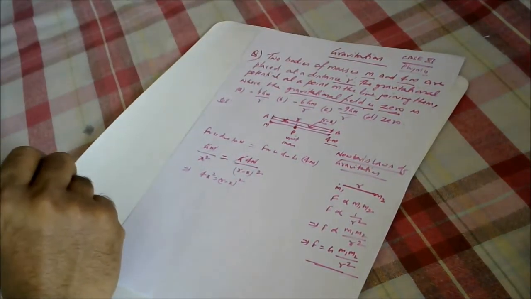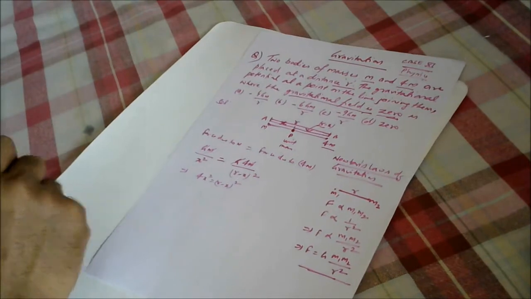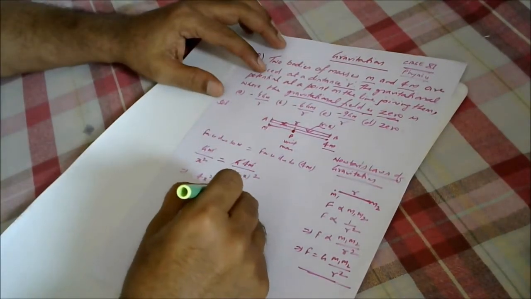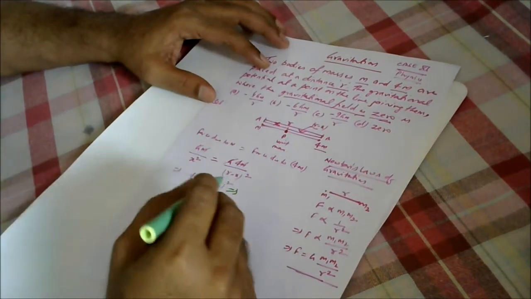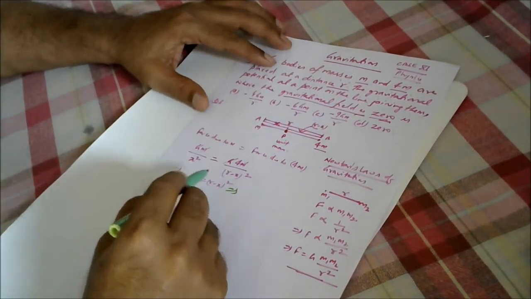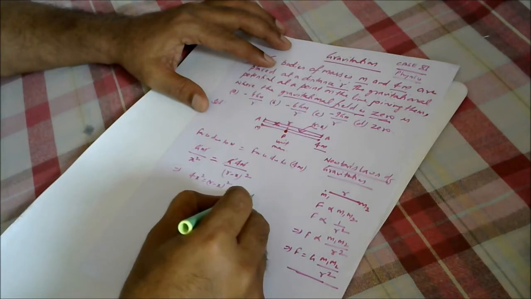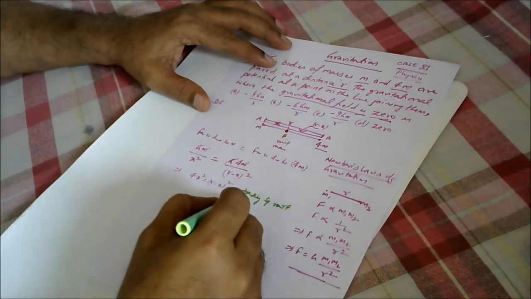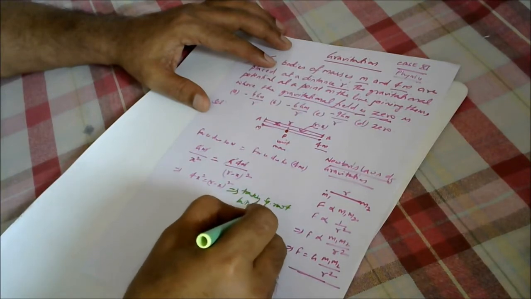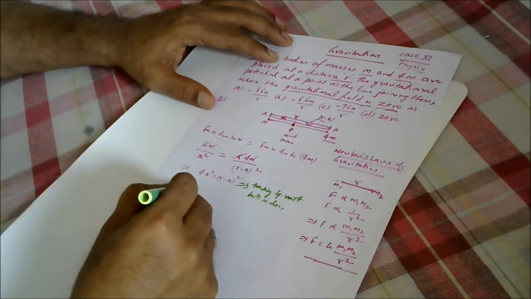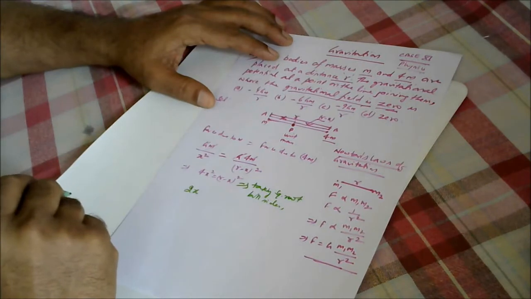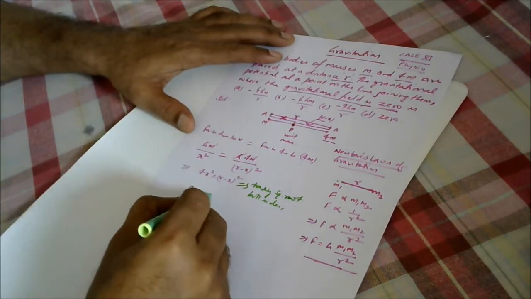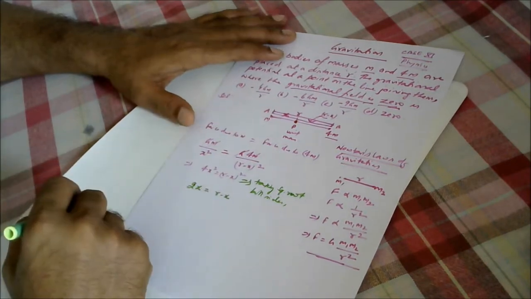Further, taking square root on both sides, we get 2x equals r minus x.